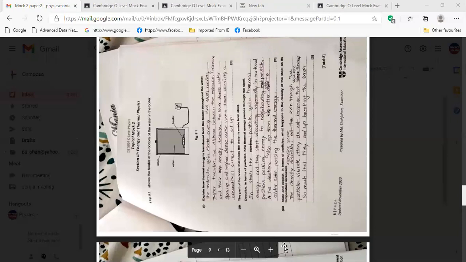When heated, water expands. Volume of water increases. Water becomes less dense. Heated water rises, cooler water sinks down. There is circulation, or a convection current.